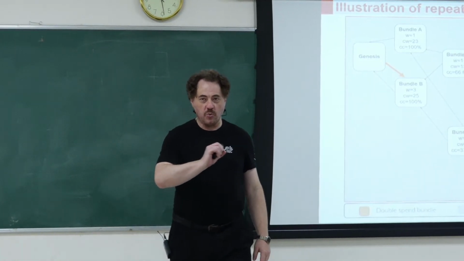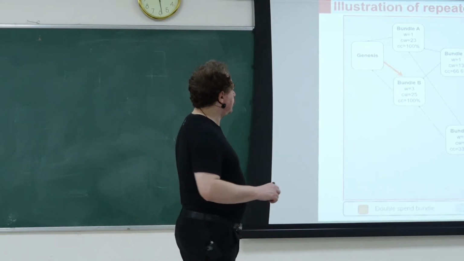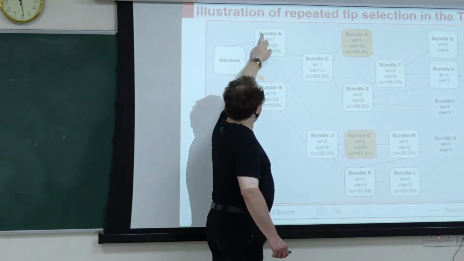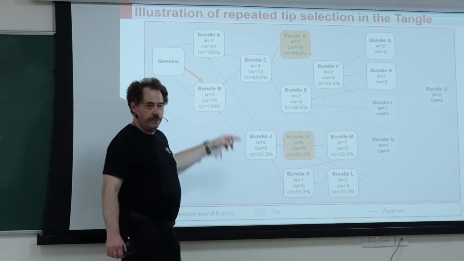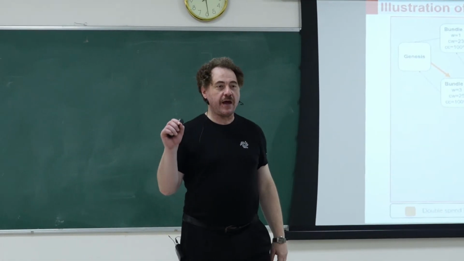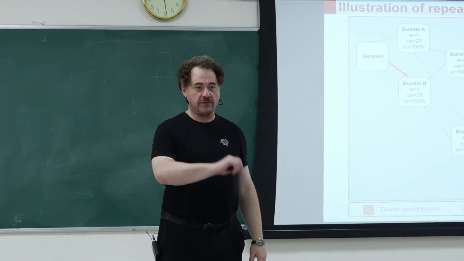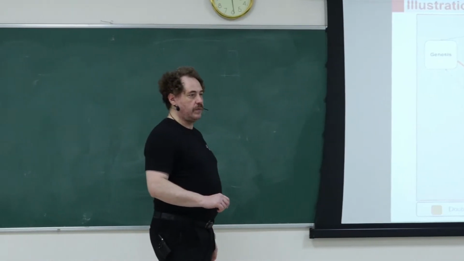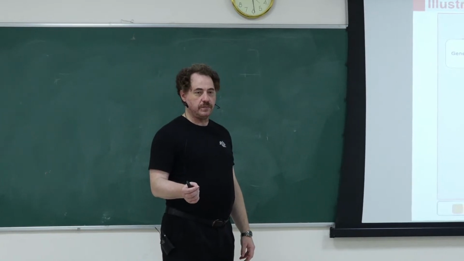However, the random walk in the IOTA is weighted. What does it mean? Bundle A has the weight of 1, but bundle B has the weight of 3. It means that bundle B gets 3 times as high of a chance to be selected as bundle A. So I flip a coin, but the selection is not uniform.